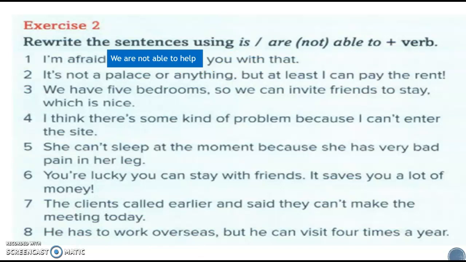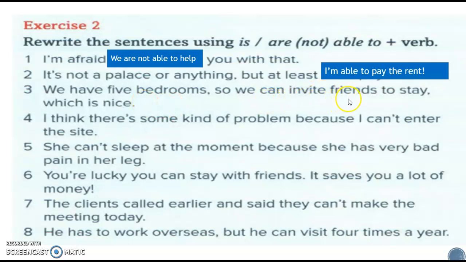Number 2, it's not a palace or anything, but at least I can pay the rent. It means that at least I am able to pay the rent. 3, we have 5 bedrooms, so we can invite friends to stay, which is nice.